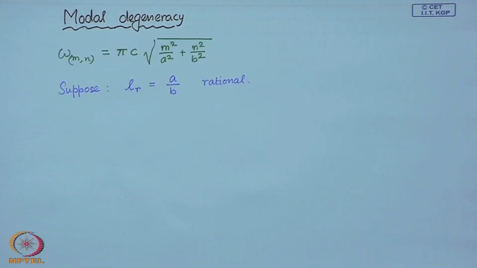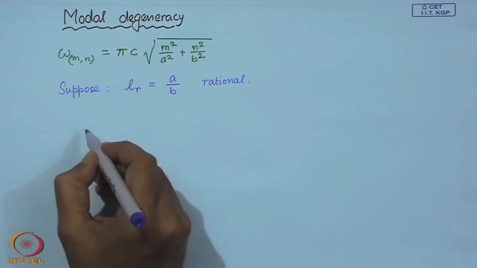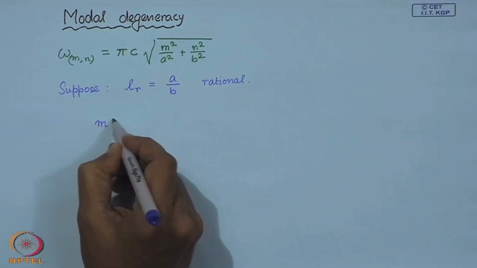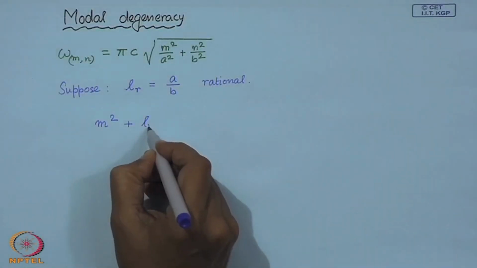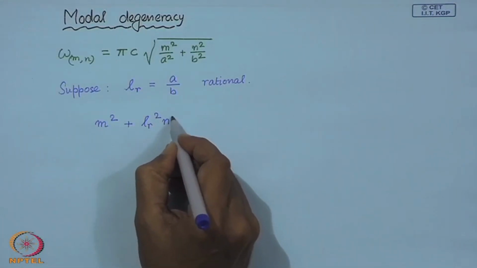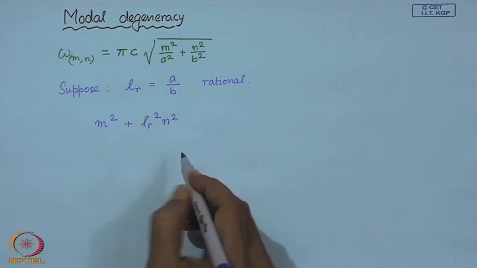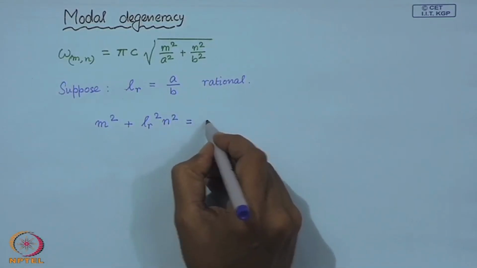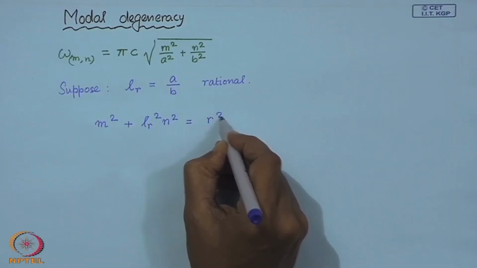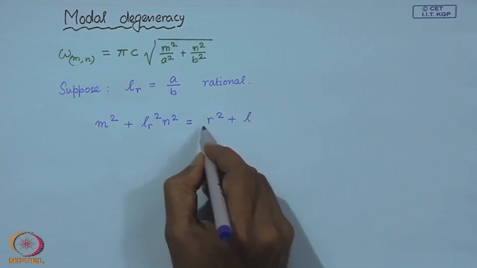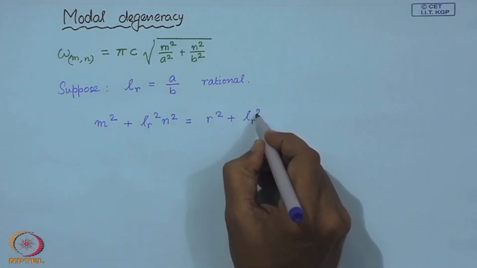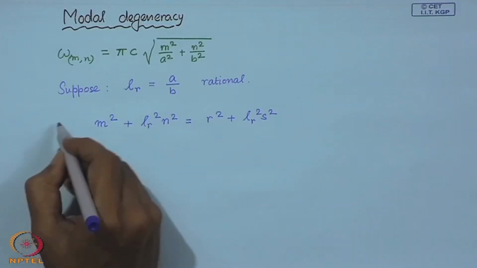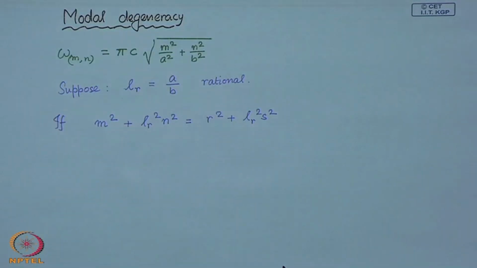Now, when this happens, we have an interesting possibility: m squared plus n squared times L r squared, this ratio squared, for different integers r and s, if this equals this.